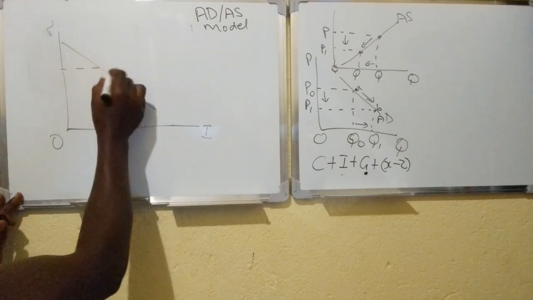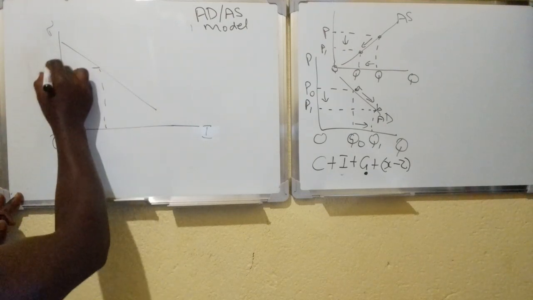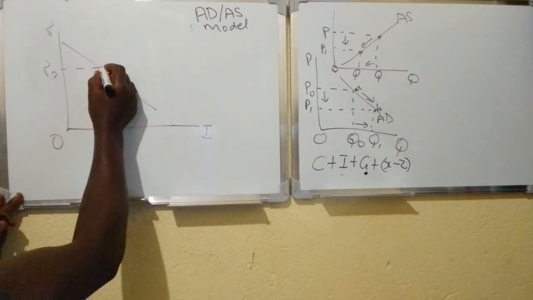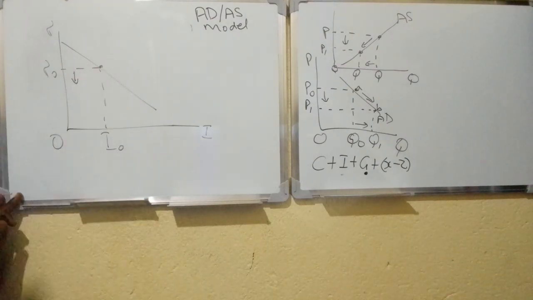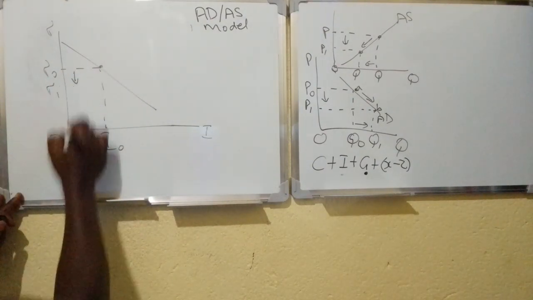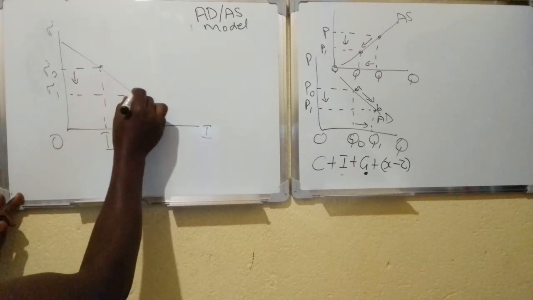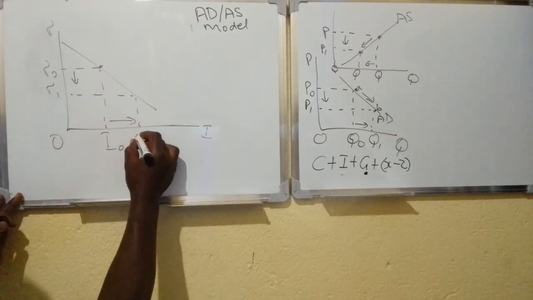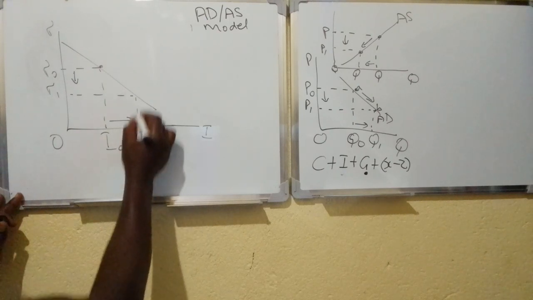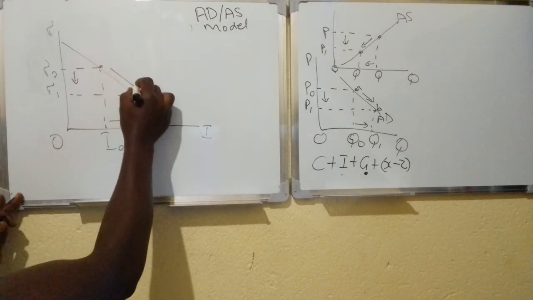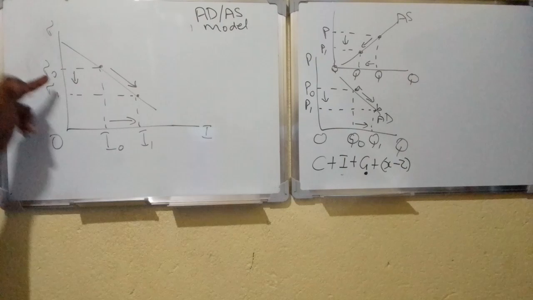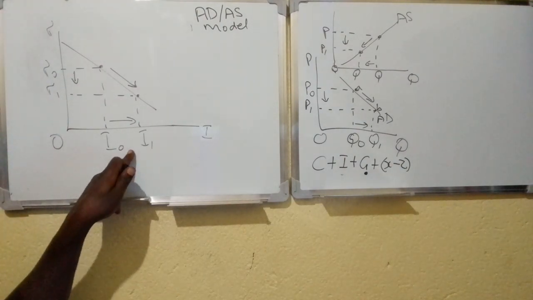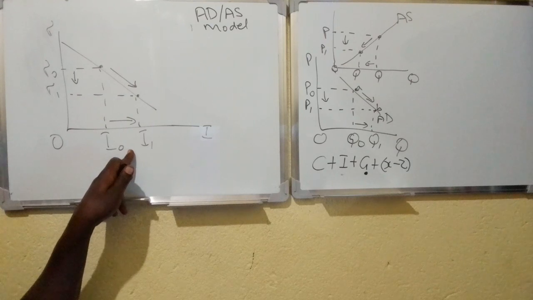Remember the investment function that we did in the previous lesson. The Reserve Bank decides to drop interest rates to R1. What happens? Investment levels increase because credit has become cheaper. Can you see? What started in the monetary sector is now affecting the real sector, where investment levels are happening.